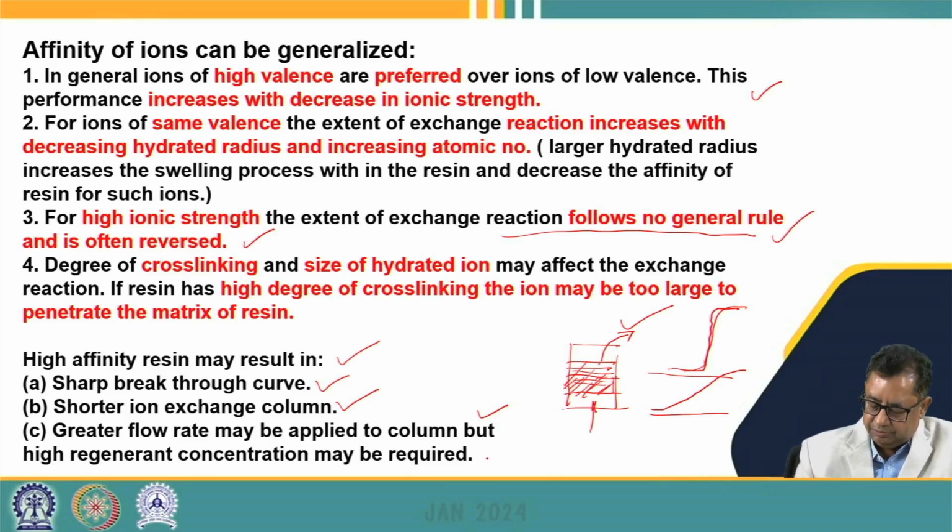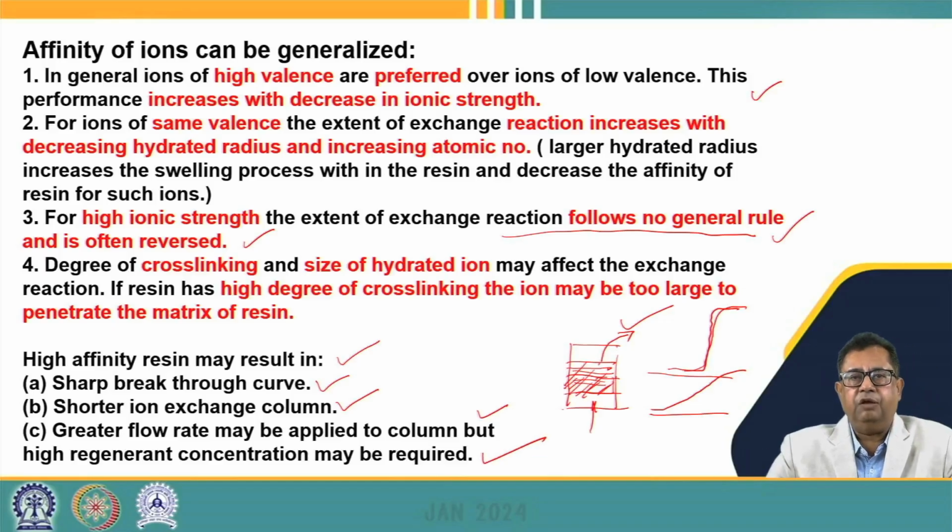But one of the drawbacks is that we may require a very high regenerant concentration. Because the affinity to the ions is very high, the resins hold very tightly to the ions which have been exchanged.